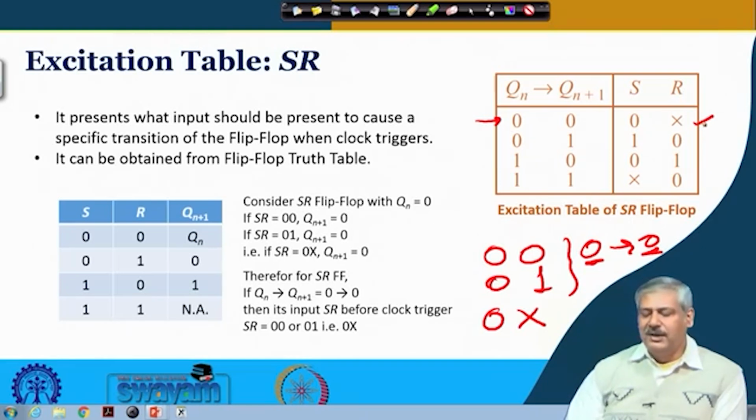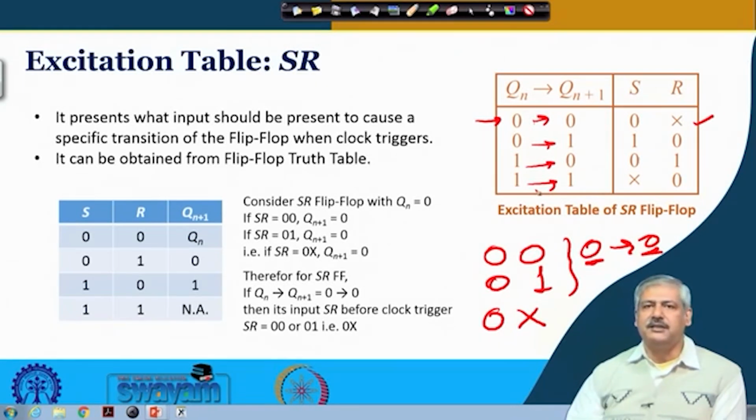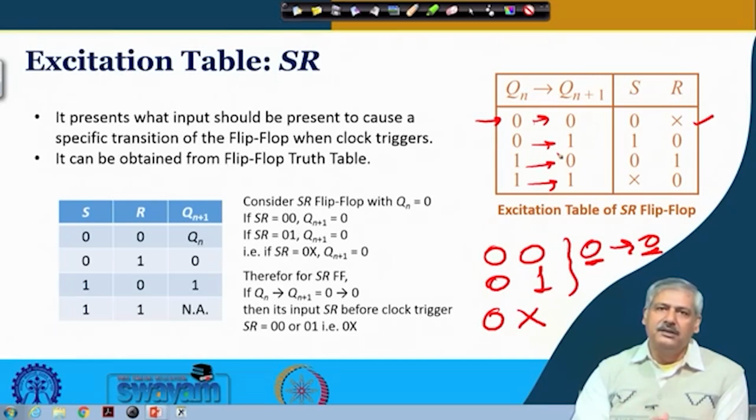Now, what are the different possibilities of this transition? Because a flip-flop contains only 1 bit of information. So 0 to 0 is one possibility that we have already explored. The others are 0 to 1, 1 to 0 and 1 to 1. In each of these cases, we can figure out, if such a transition does take place, what the excitation at the SR input has been.